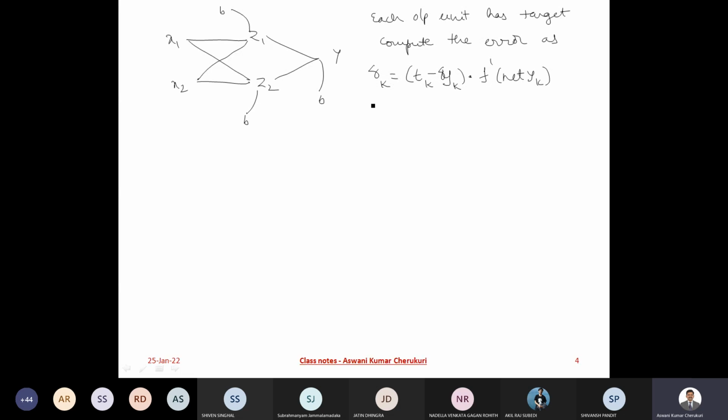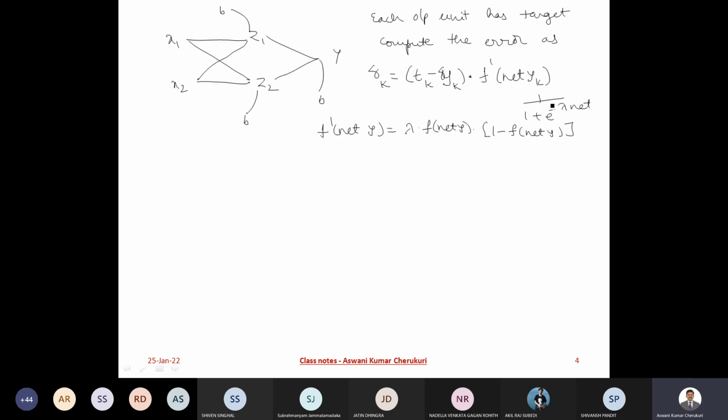Now imagine your activation function, we said, is 1 by 1 plus e power minus lambda net. In such a case, f dash net y is equal to lambda into, of course, lambda we are going to make as 1, so lambda into f of net y into 1 minus f of net y. And remember, this holds only for this activation function.